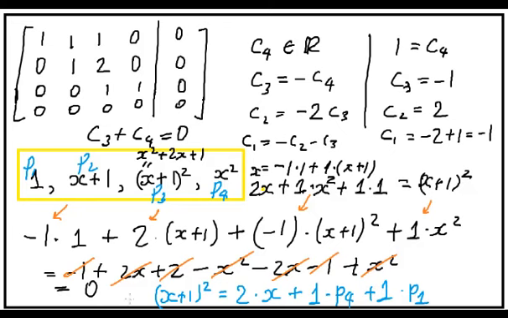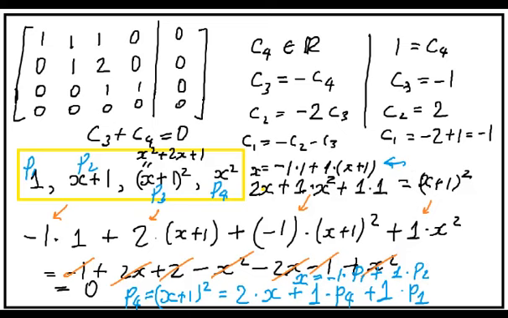So P3 can be expressed as a linear combination of x, P4, and P1. But x itself can be expressed as a linear combination of two vectors in the sequence, namely minus 1 times 1, which is P1, plus 1 times x plus 1, which is P2. So I'm just referring to this equality here. So you see, x is a linear combination of P1 and P2.